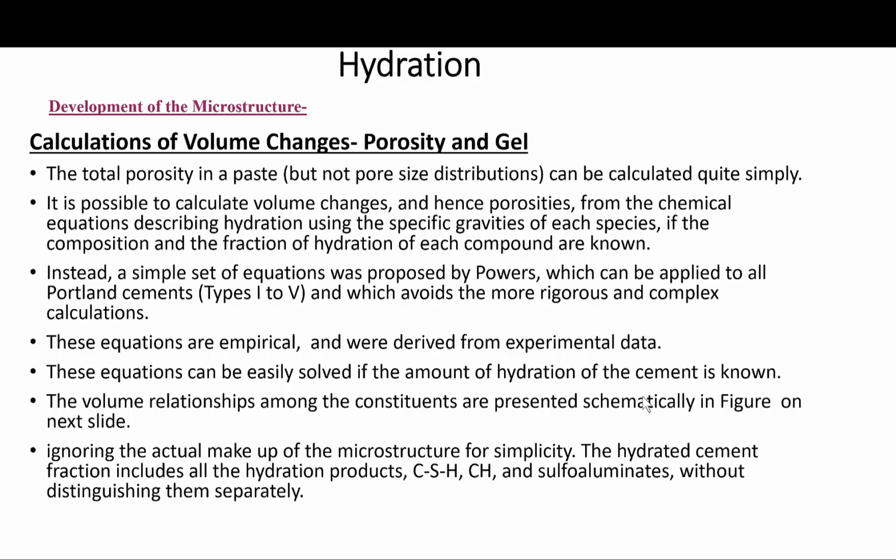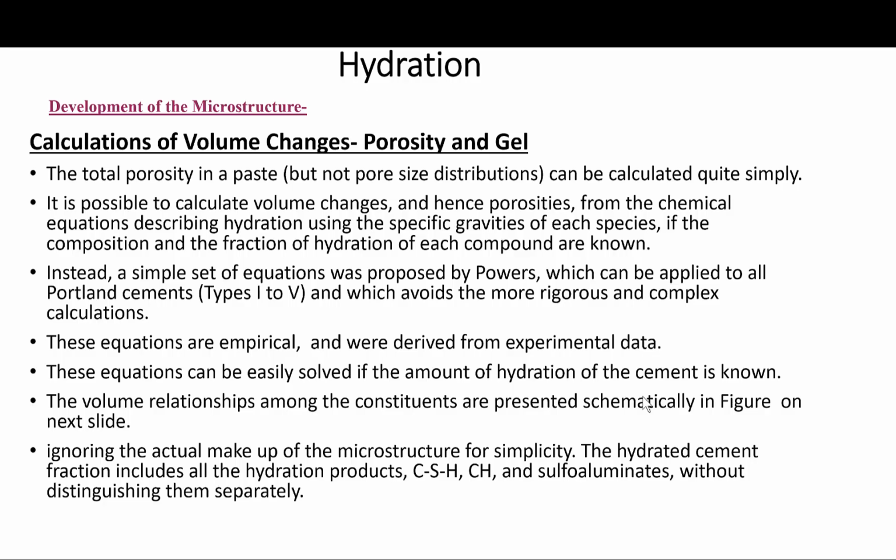These equations can be easily solved if the amount of hydration of the cement is known. The volume relationships among the constituents are presented schematically in the figure shown on the next slide.